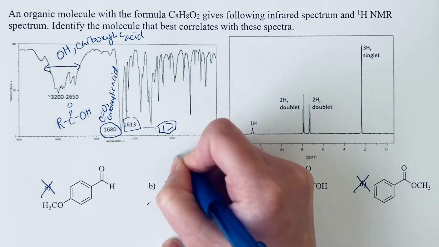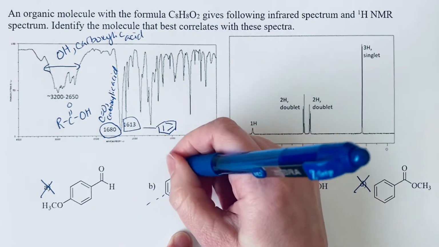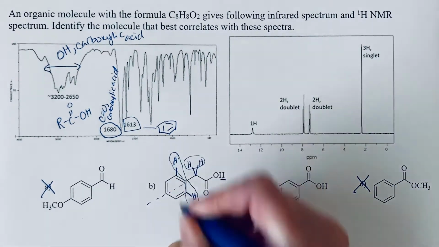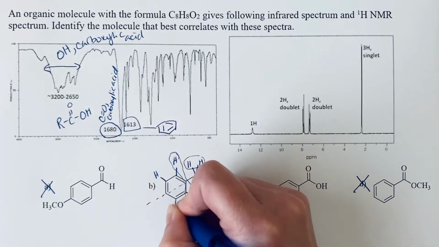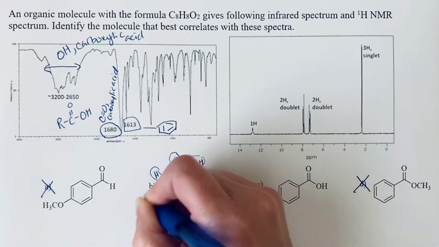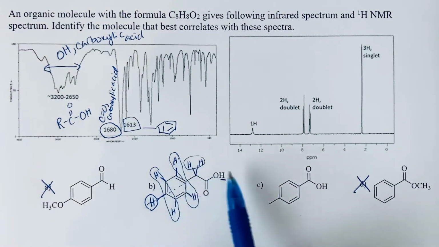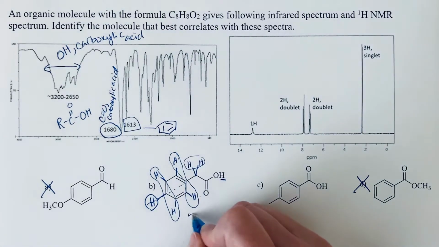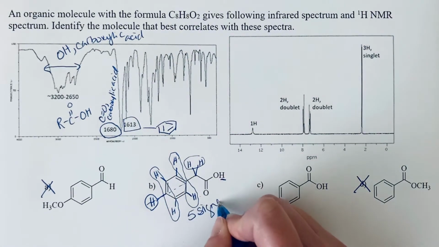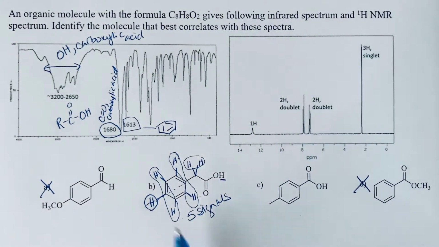So you would expect to see that the two hydrogens that are both next door to this substituent would be the same. These two hydrogens would be the same as each other. And then finally that end hydrogen. So for this molecule here, I would expect to see 1, 2, 3, 4, 5 signals in the proton NMR. And just at a really quick glance, we have 1, 2, 3, 4. So this is not matching.